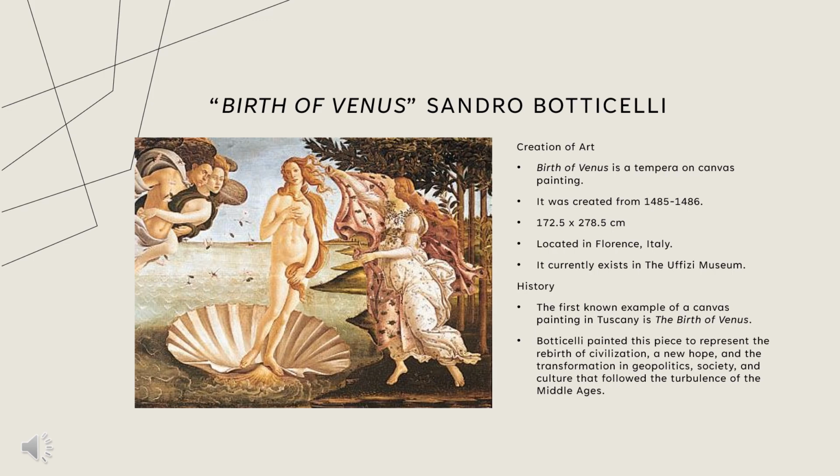The Birth of Venus is actually the first known example of a canvas painting in Tuscany. And Botticelli painted this piece to represent the rebirth of civilization, a new hope and transformation in geopolitics, society, and culture that followed the turbulence of the Middle Ages.